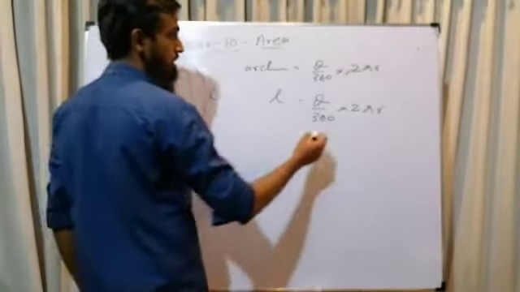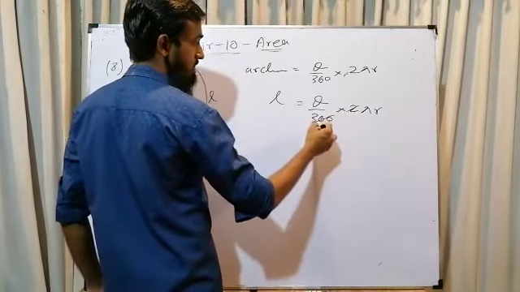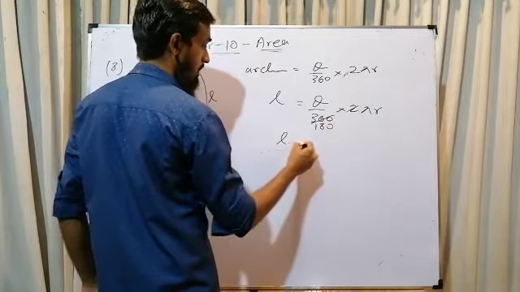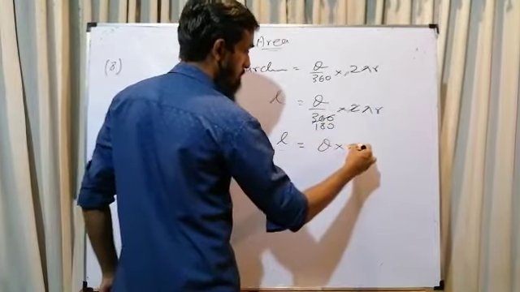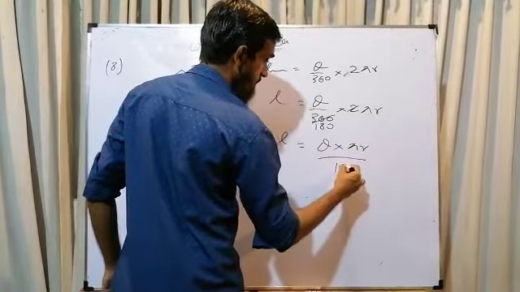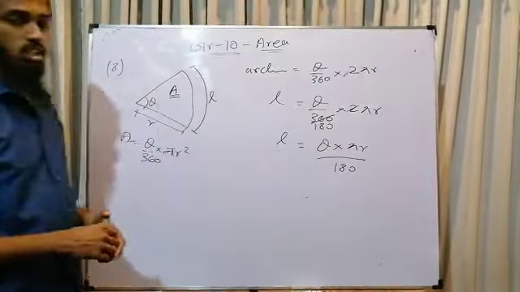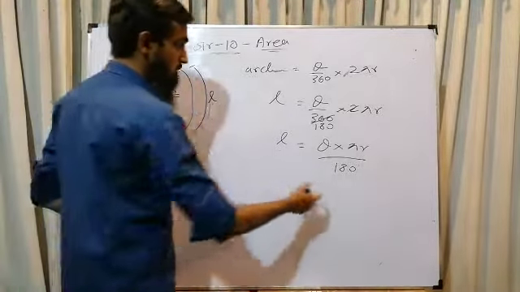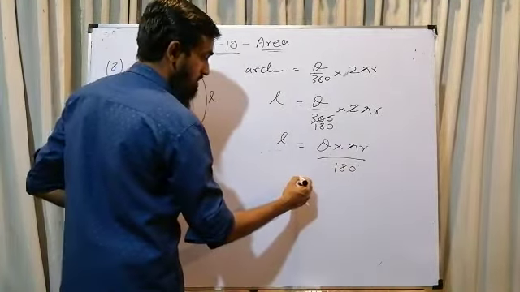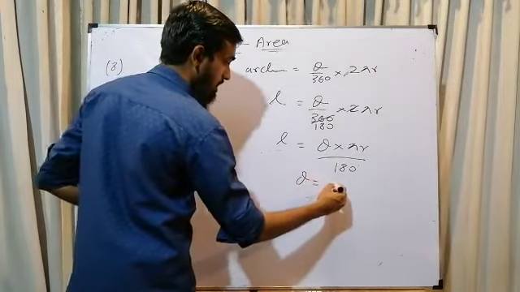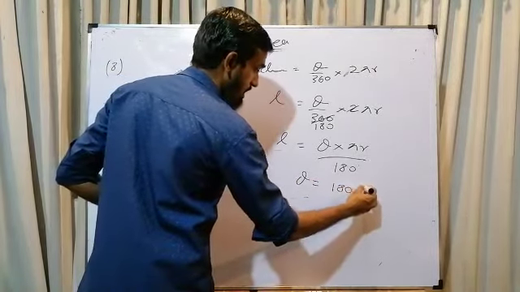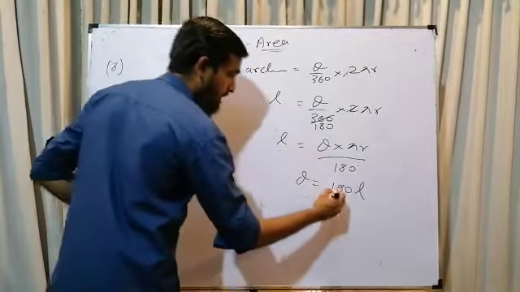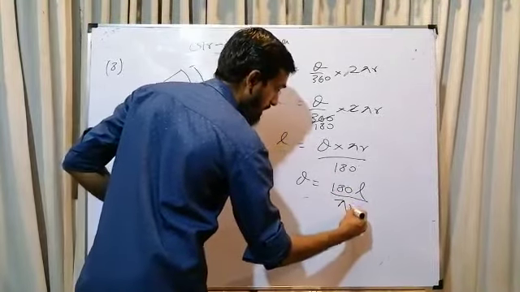We can divide 2 and 360, it's 180. So L equals theta into pi r over 180. Make theta the subject. So theta equals 180 into L over pi r.